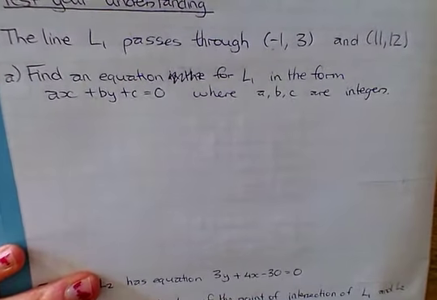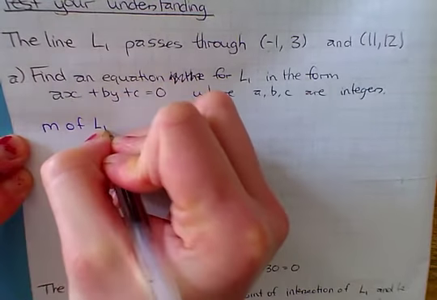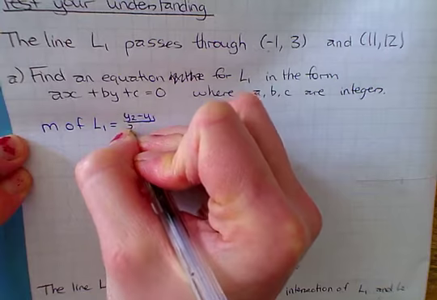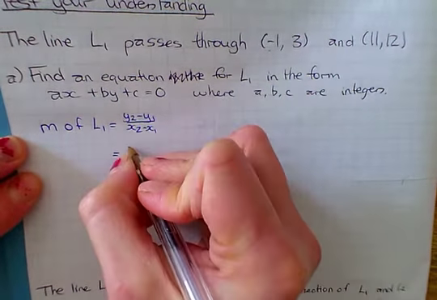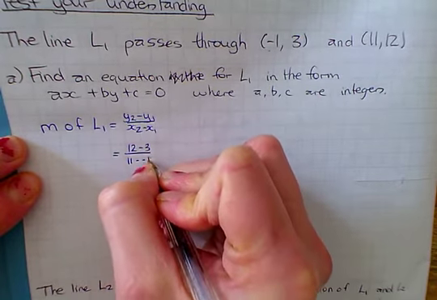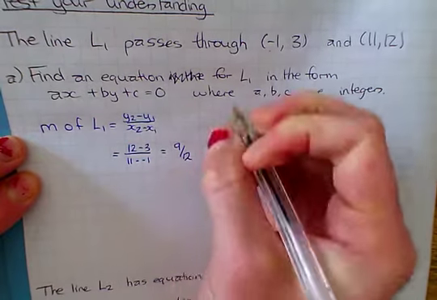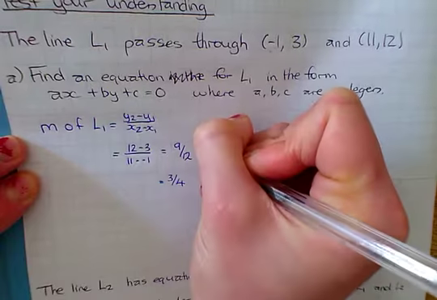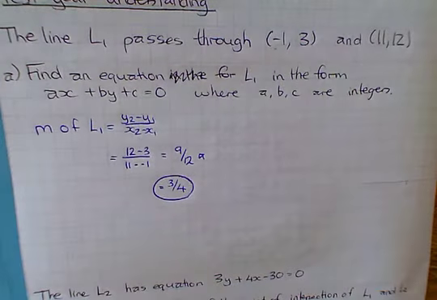The gradient of L1, remember, is equal to y2 minus y1 over x2 minus x1. So if we were to do 12 take away 3 divided by 11 take away -1, we would have 9 over 12, which simplifies to 3 over 4. So we have got that the gradient is equal to 3 over 4.